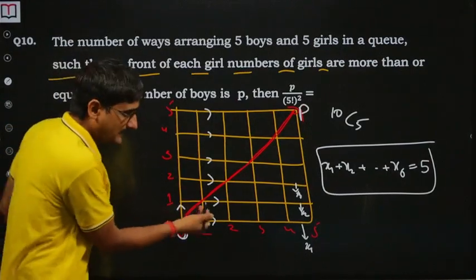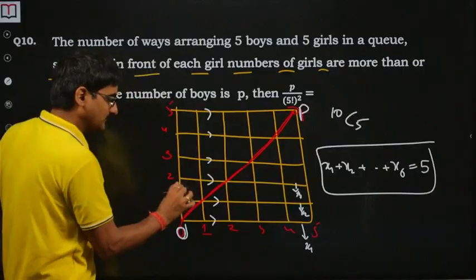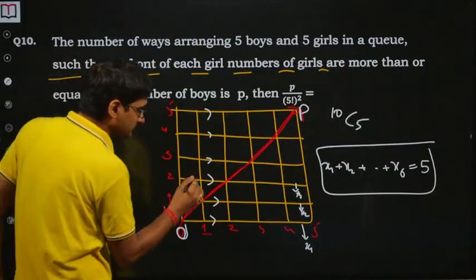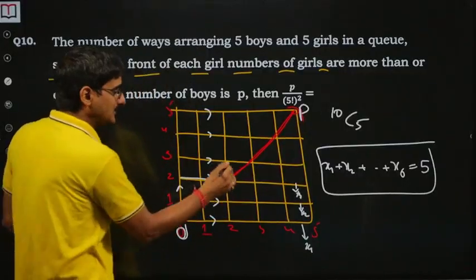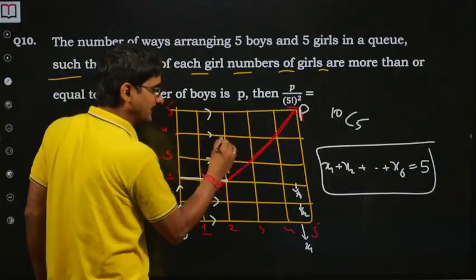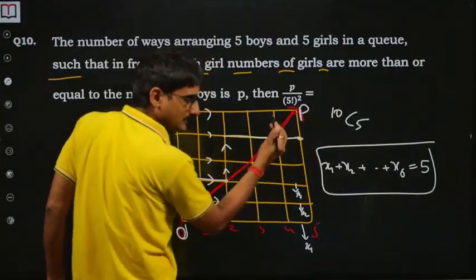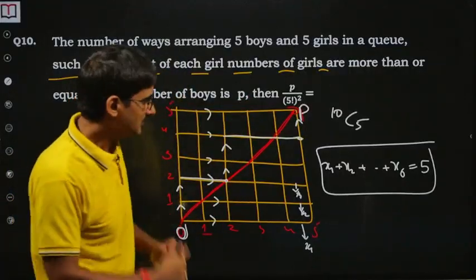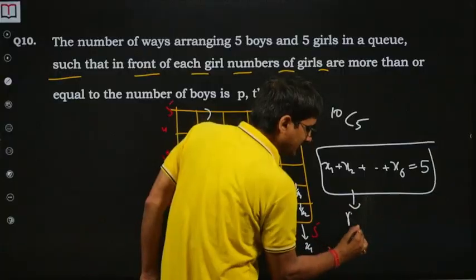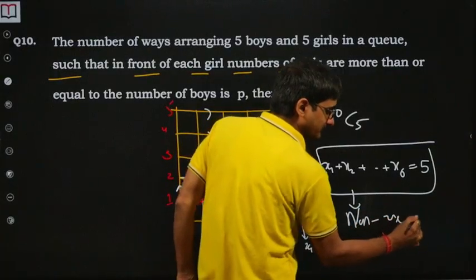Let's say even x2 is also 0. That means you will move up. Then x3 is 2, so you move till here, and then you move up. Then there is no step on this, so you move up, and then again you take 3, you come here, and then you move up, and that's it. I think that's clear. So these are non-negative integral solutions.